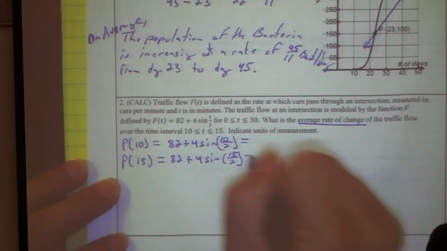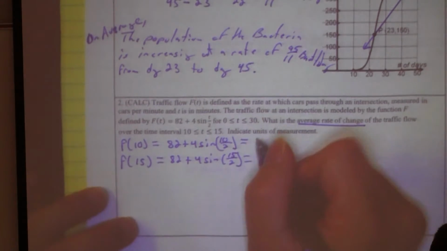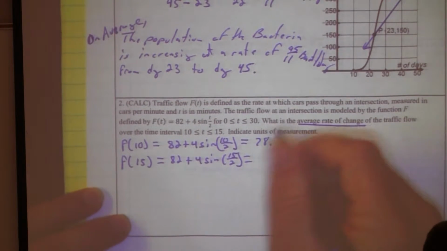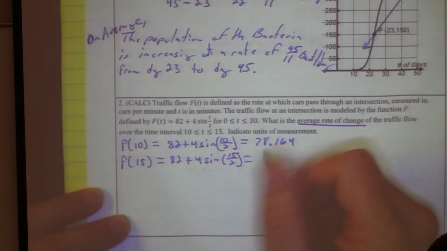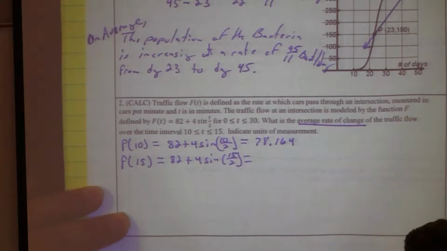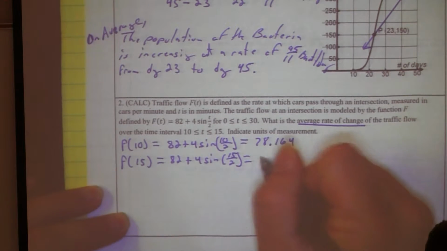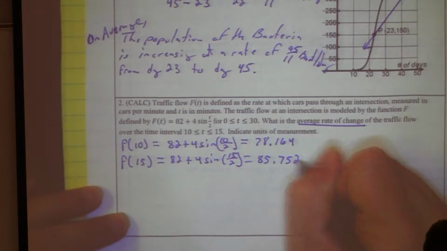So you get like 78.164. And this one? 85.752. Beautiful.